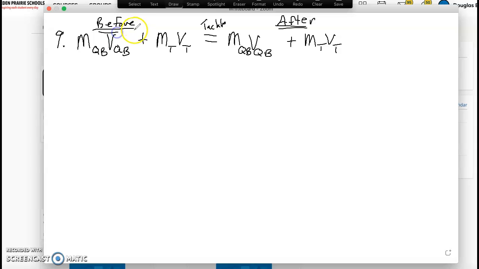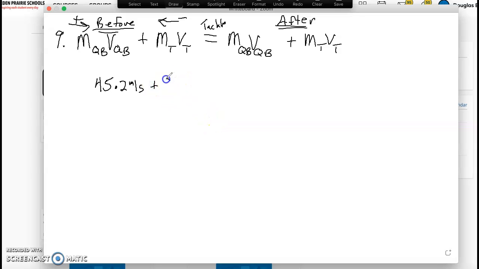So then it's kind of just a matter of putting stuff in and making sure that you note stuff correctly. So we have a 45-kilogram quarterback moving at 2 meters per second. So let's just say this direction is positive, this direction is negative, because it does say moving in the opposite direction.